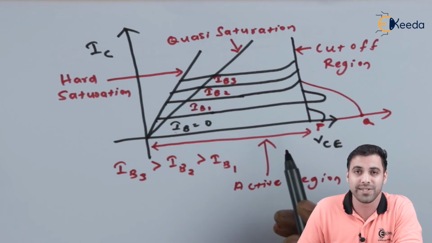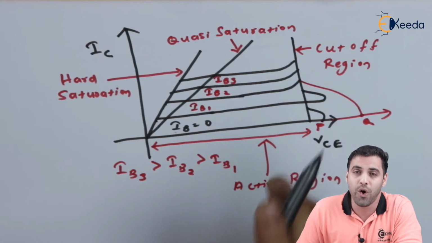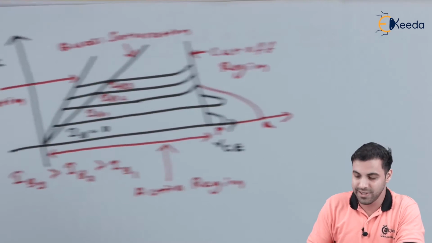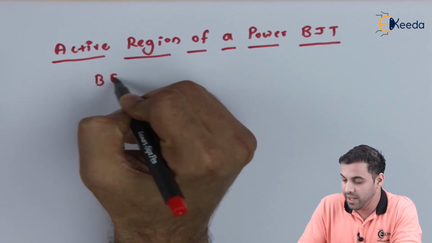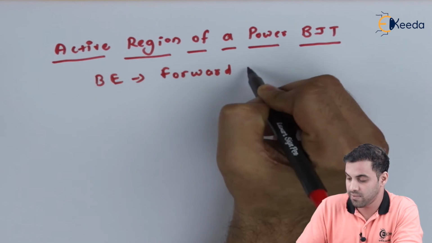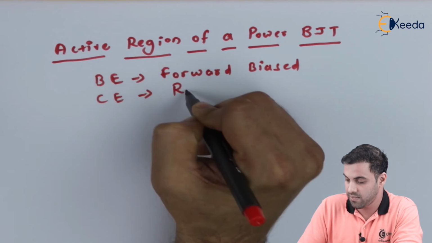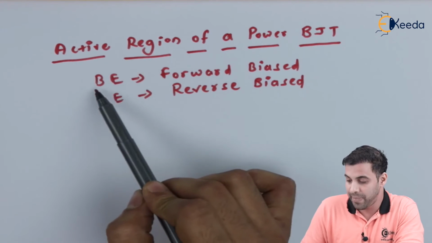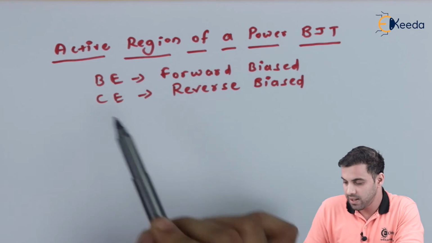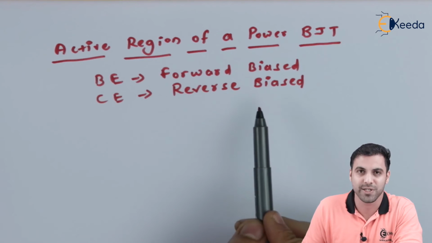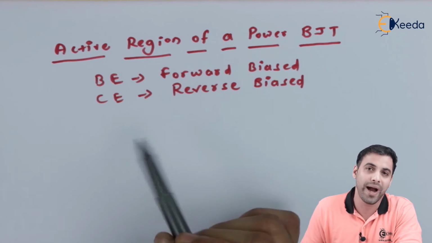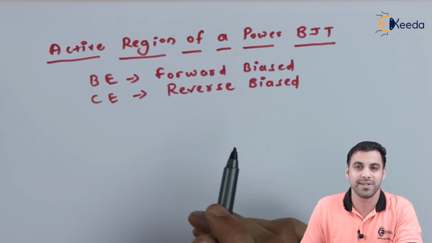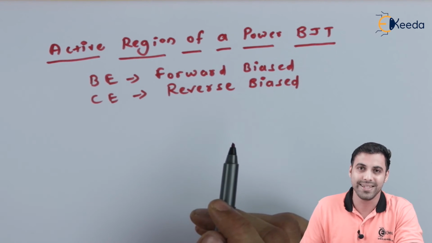In the active region almost all the transistors are operated, because in an active region the base emitter junction is forward biased and the collector emitter junction is reverse biased. So a transistor widely operates in an active region. In simple sentences, an active region is a region where the transistor is active.